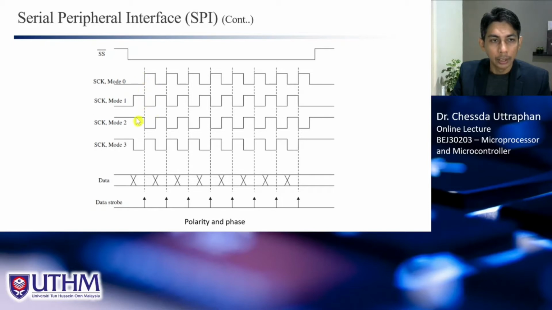For mode 2 and mode 3, whenever there is no communication, the clock line will always be at logic 1. In mode 2, we read the data at the negative clock edge, and in mode 3, we read the data at the positive clock edge. So those are the differences.